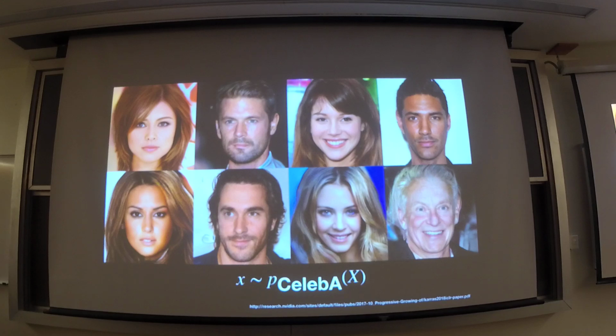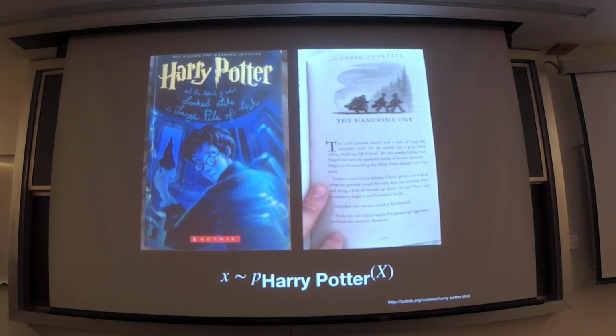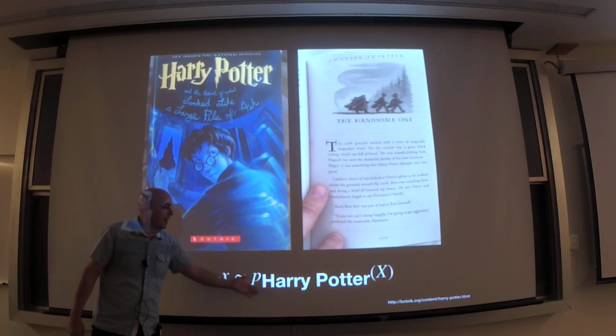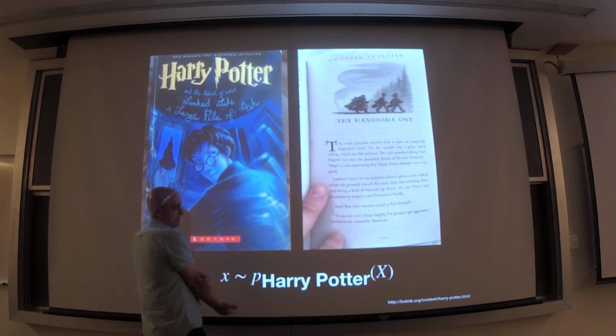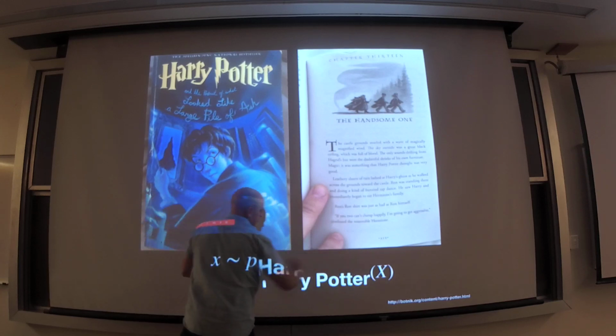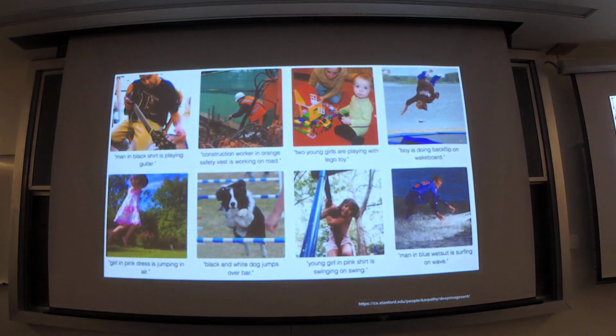Something similar here: this describes the statistics of Harry Potter text, and given some seed, this might be thought of as generating the next character or the next word, given a particular configuration of words already. So again, sampling from a distribution defined by the data. Similar things here.